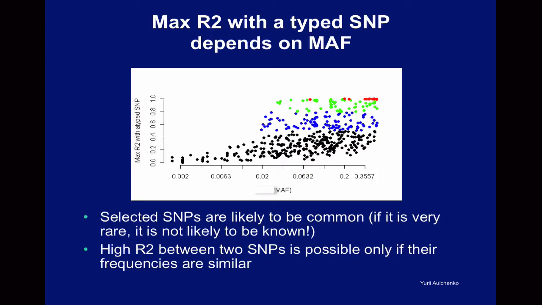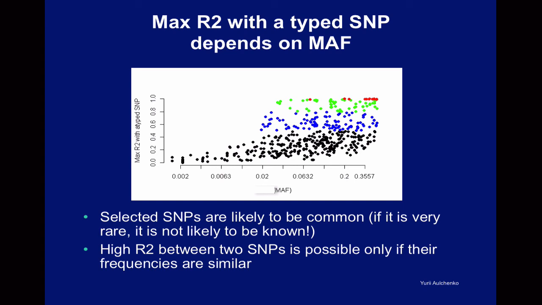It's worth noting that by design most of these SNP arrays contain common variants, and by definition of the linkage disequilibrium metric R square, something common cannot be in high linkage disequilibrium with something rare, and the other way around. A rare SNP cannot well tag a common SNP.